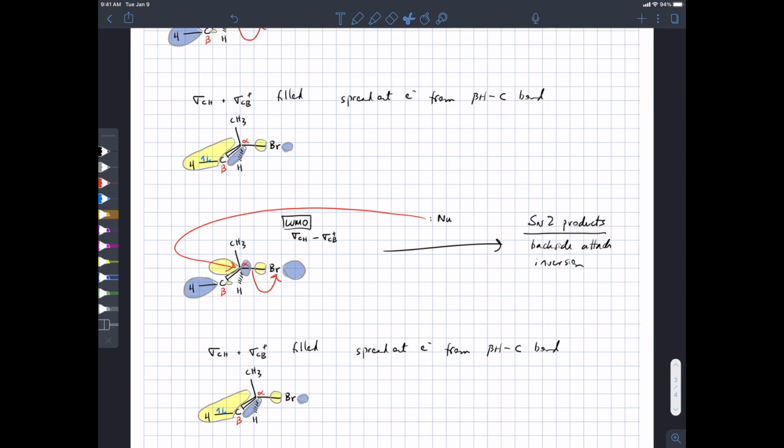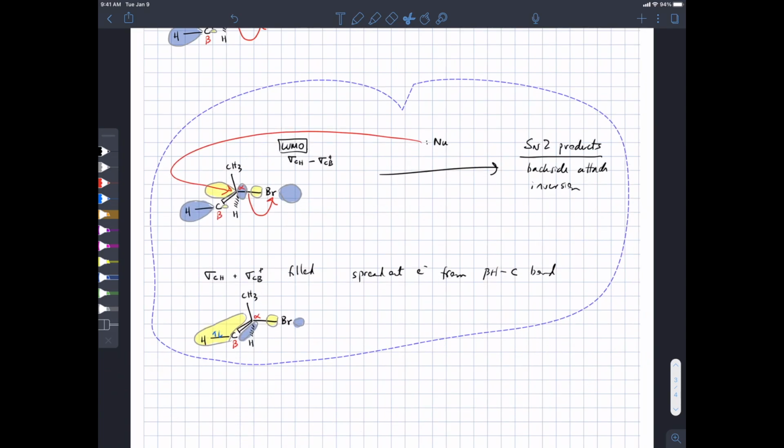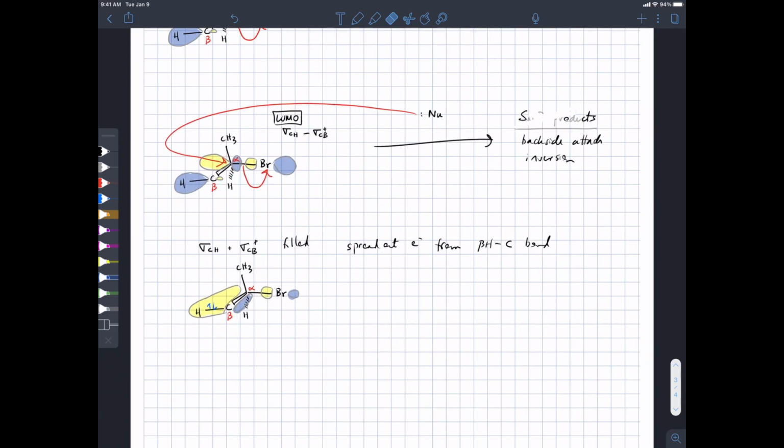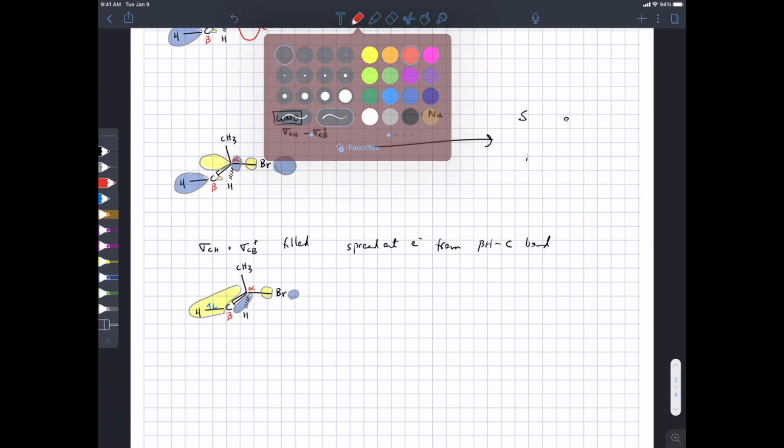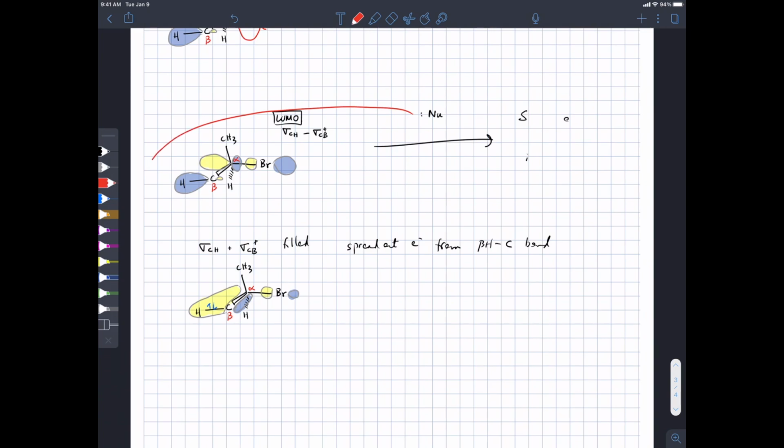If in contrast the nucleophile attacks not at the alpha carbon but at the beta proton, we remove the proton, and by attacking the LUMO we break the carbon-bromine bond, and at the same time the electrons in that carbon-hydrogen bond shift over to form a new carbon-carbon pi bond.